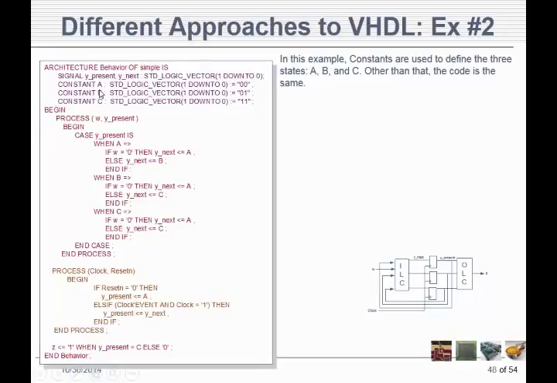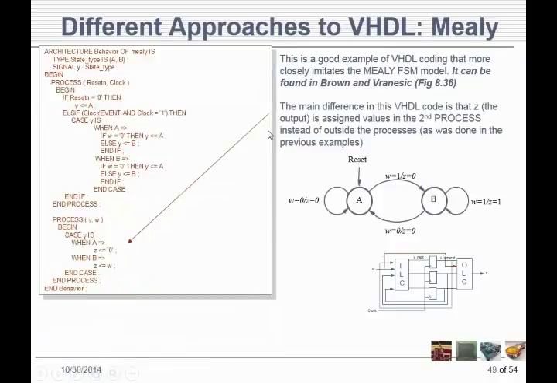We haven't done anything like that before, but the way we did it before, where we created a new type, was easy enough. And here's the Mealy. You can look this over and see with these two processes how they match up.